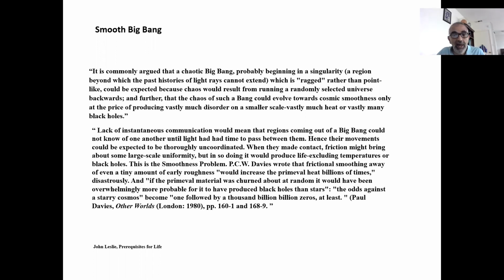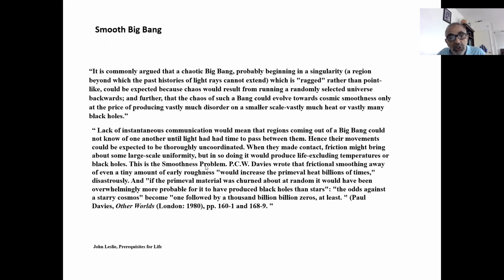And in a chaotic Big Bang, the different bits and pieces that have not had time to communicate together, to coordinate their movements, would end up jostling each other, and that friction would produce life-excluding temperatures or possibly black holes as they bump into each other and aggregate.